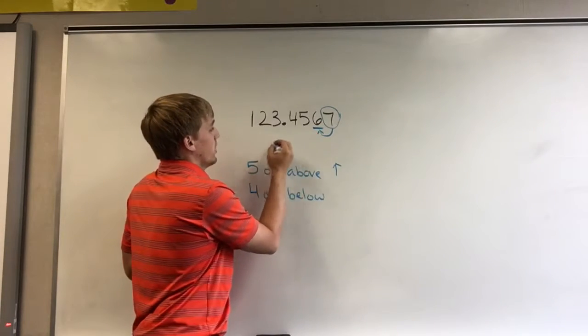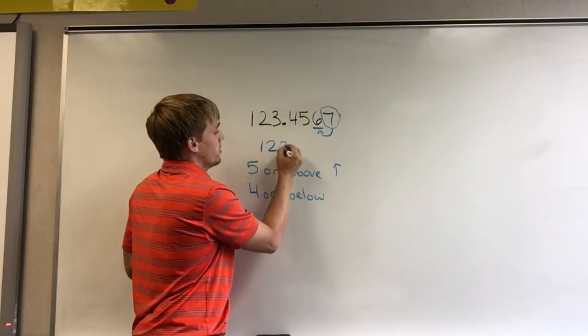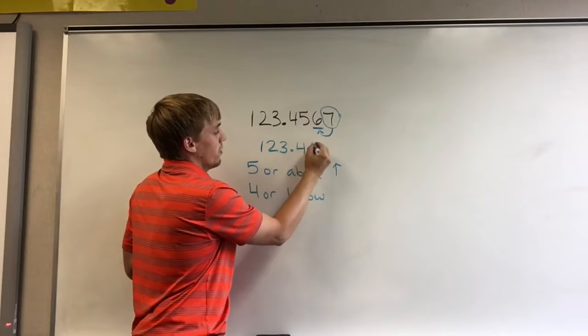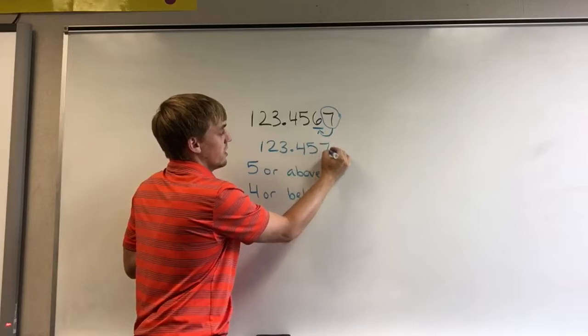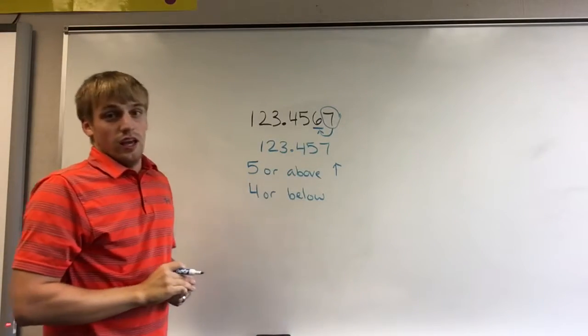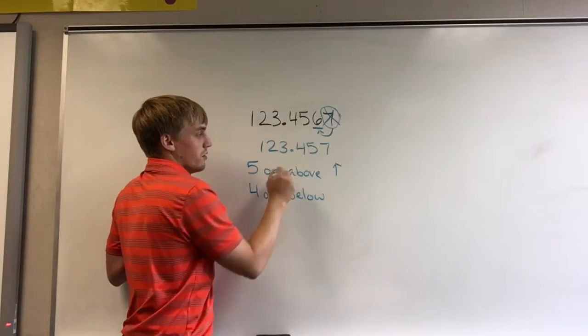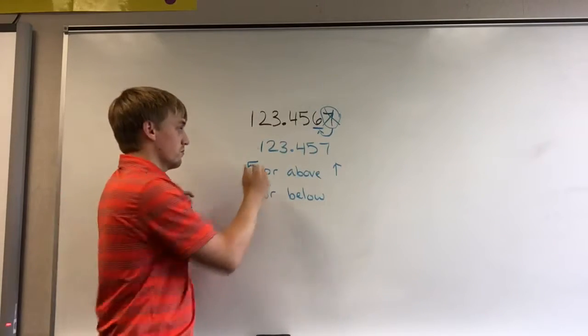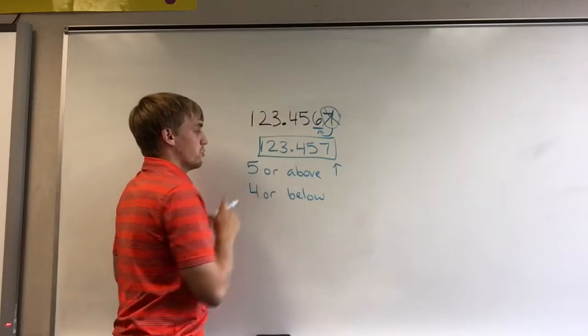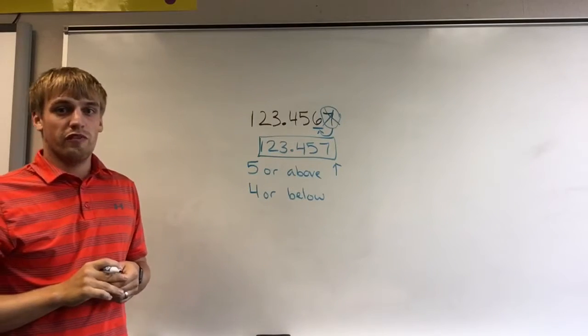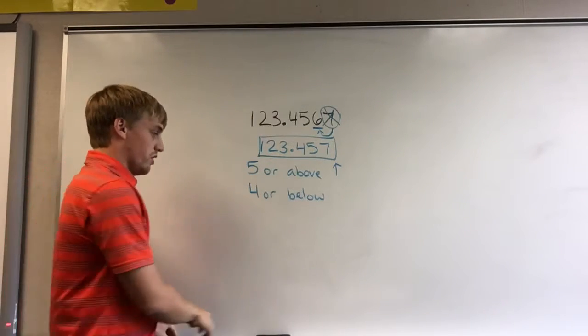Okay, so we're going to have 123.457. Okay, and since the 6 went up to the 7, this 7 just comes off and we don't write it. So our final answer would be 123.457.